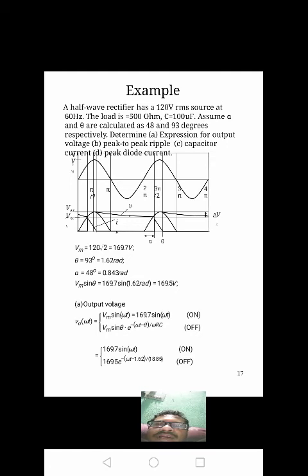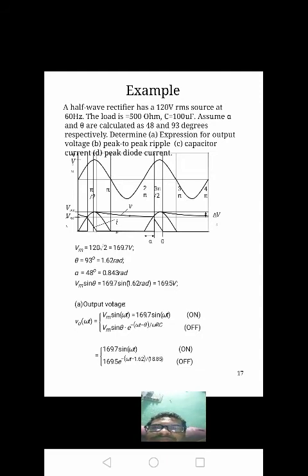Assume alpha and theta are calculated as 48 and 93 degrees respectively. Determine first, an expression for the output voltage; second, the peak to peak ripple; third, the capacitor current; fourth, the peak diode current.